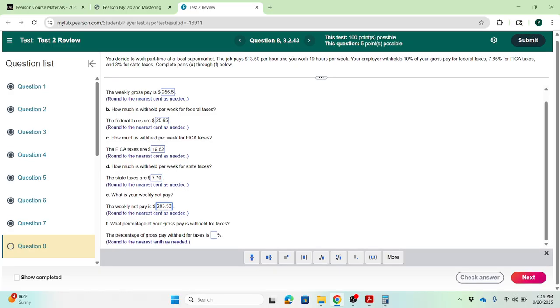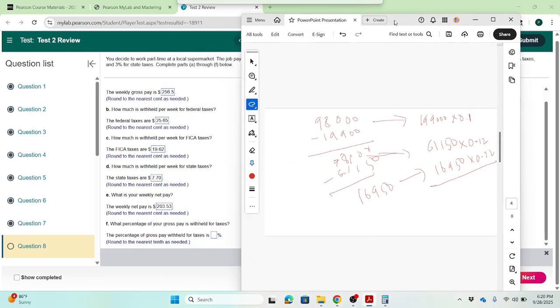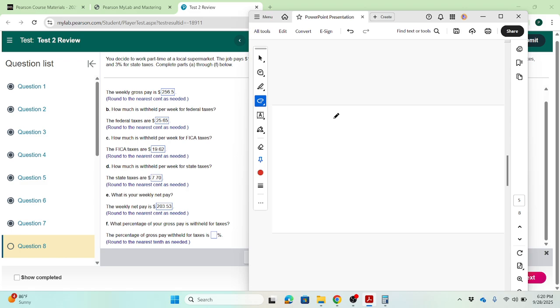What percentage of your gross pay is withheld for taxes? To find that information, you need to find out how much is withheld. So out of 256.50, that's the gross pay, the net pay is $203.53. So you have to find the difference between them.